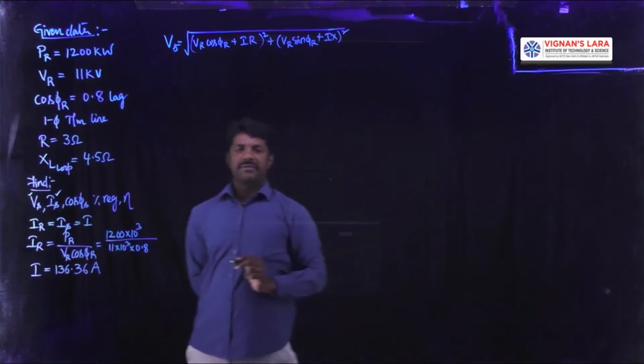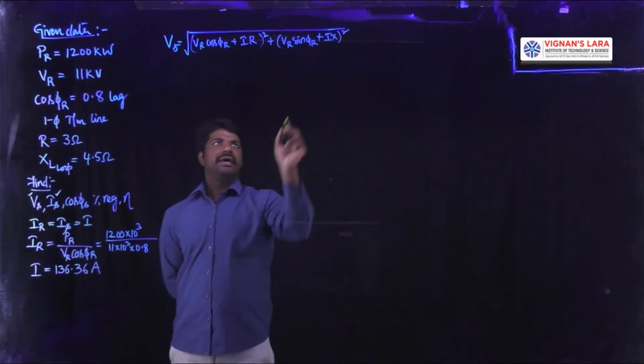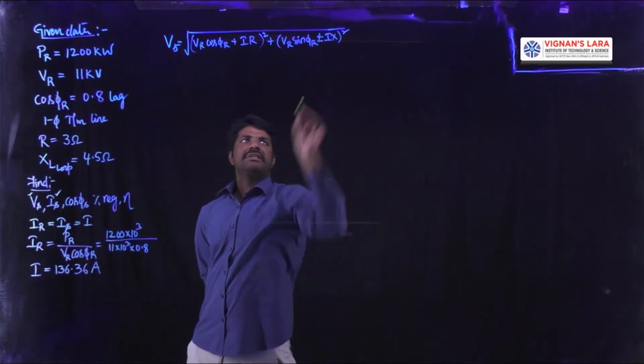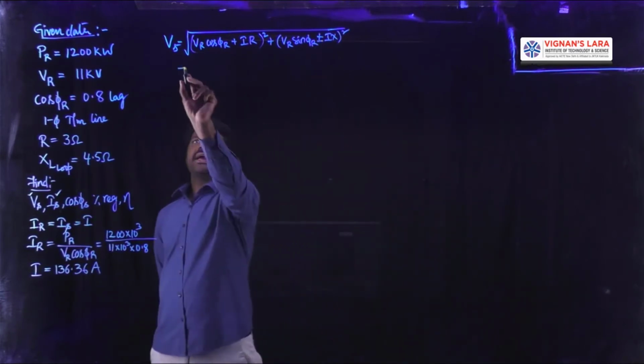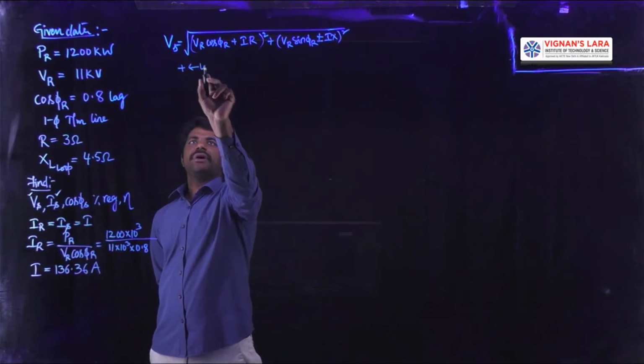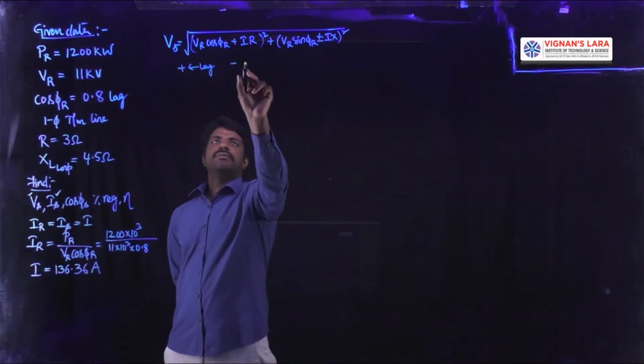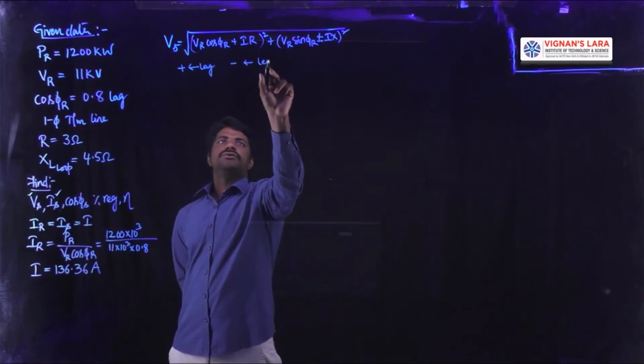This is the formula for Vs. Here we have plus and minus. In the generalized form we put it as plus or minus. Plus is for lagging loads, because in the derivation we took the load as a lagging load, and the minus sign we put for leading loads.